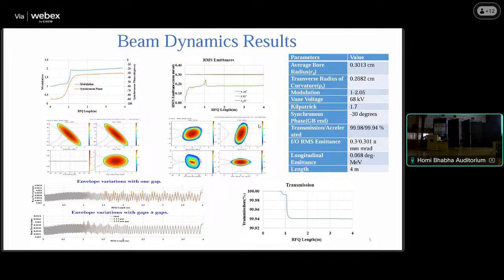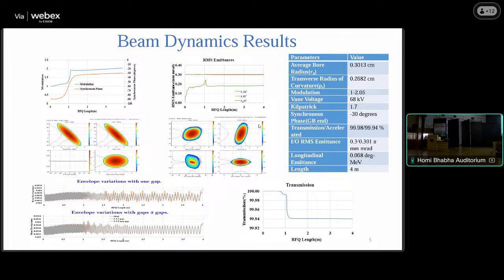This particular plot shows the placement of the gap. This RFQ is 4 meters long, divided into 2 segments of 2 meters each, joined by the coupling cell. The coupling cell makes the RFQ insensitive to higher order TE21N mode perturbations.